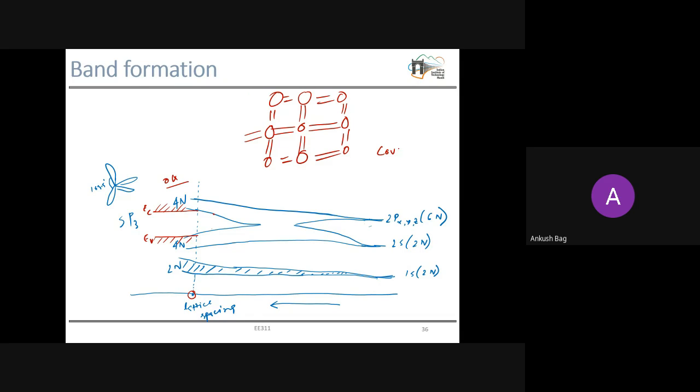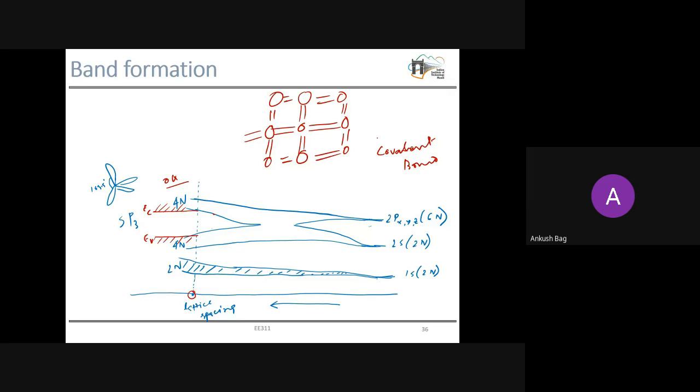Now the next thing is whether these covalent bonds are strong. So in semiconductor we have covalent bonds. Now how good is this bonding between two atoms?